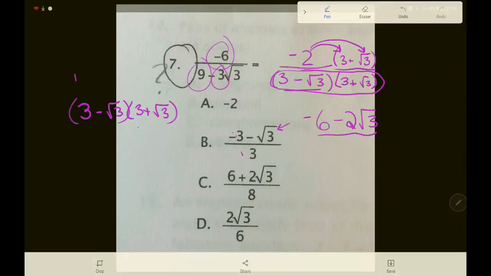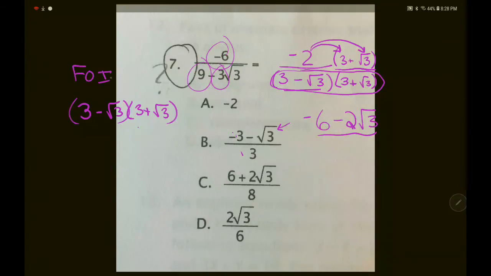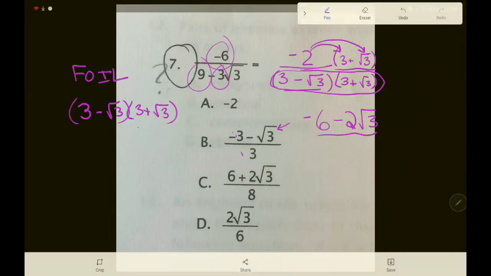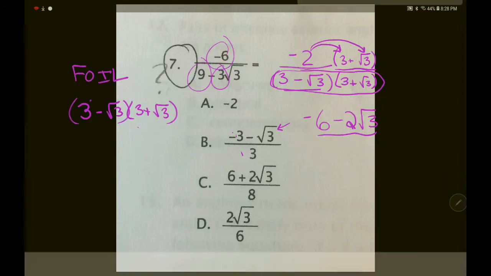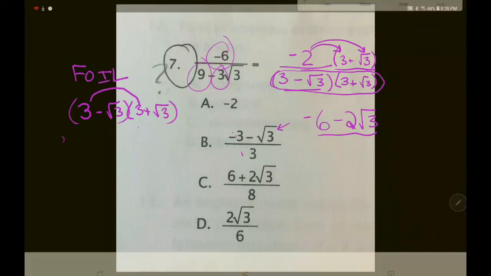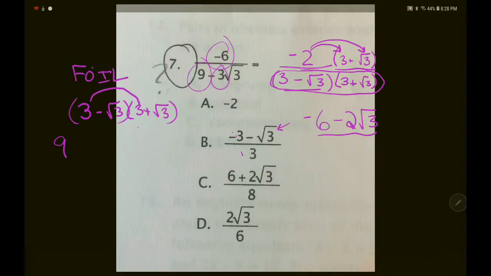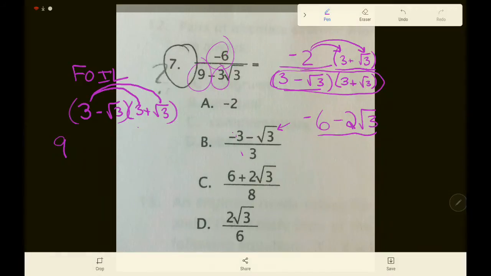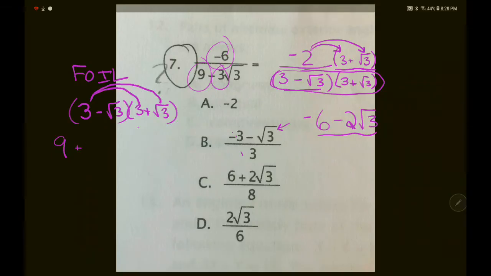Now, we're going to do this. If you don't know this term, you'd actually want to write this down and learn it. It stands for first, outside, inside, last. The first term times the first term is 3 times 3, and that's 9. The outside term is the first times the last, which is 3 times the square root of 3, which is just 3 square root of 3.